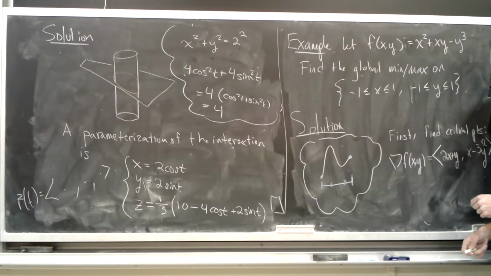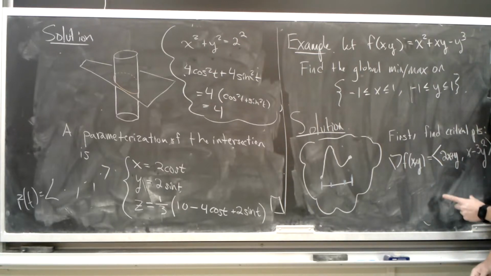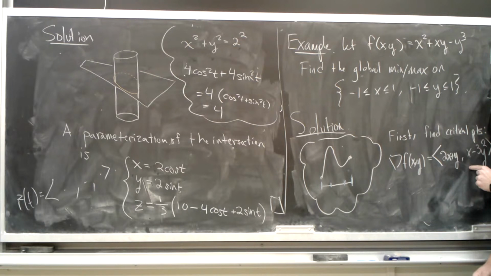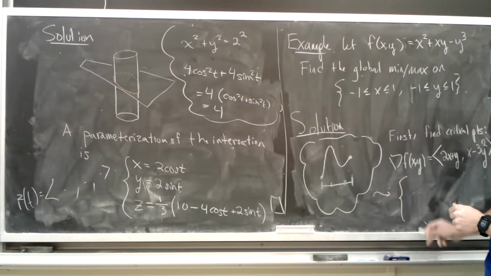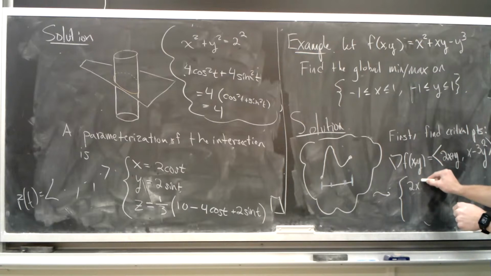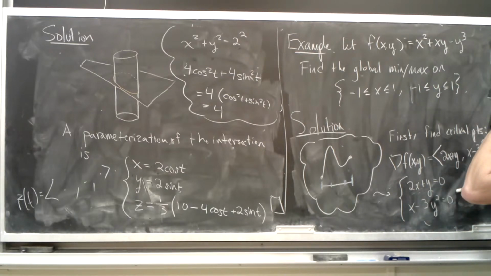So critical points here are going to occur when both of these are 0. So the system of equations that we want to solve is 2x plus y equals 0 and x minus 3y squared is 0.